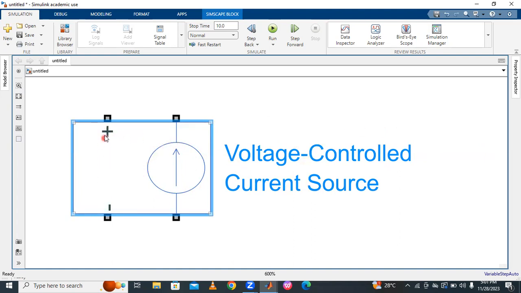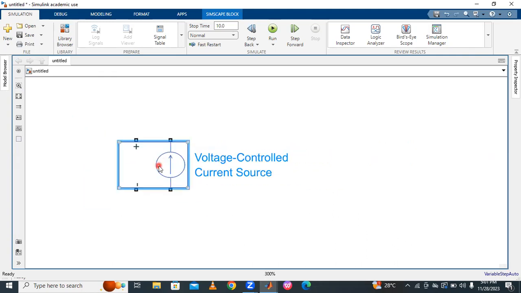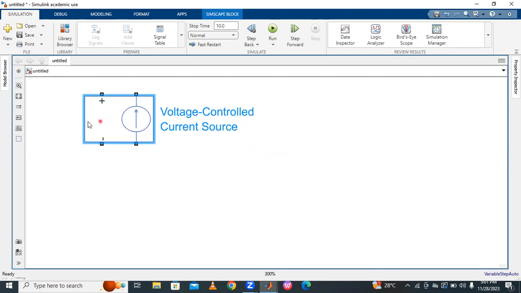The plus minus is the depending parameter. It is depending on another parameter, another resistor, another branch. The circle represents a current source, and the current source is depending on voltage. That's why it is called a voltage controlled current source.